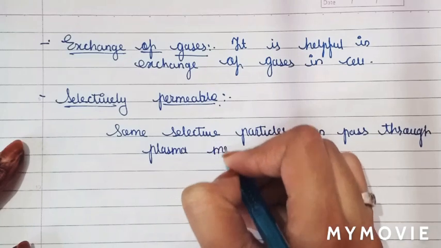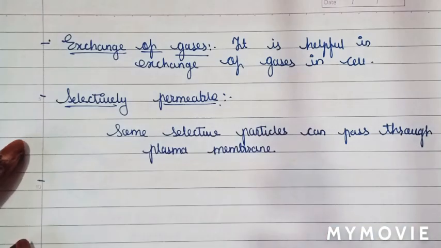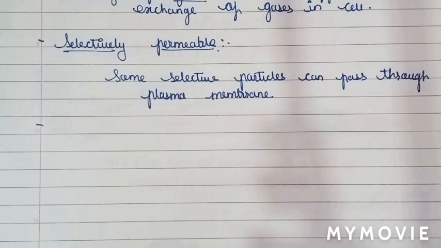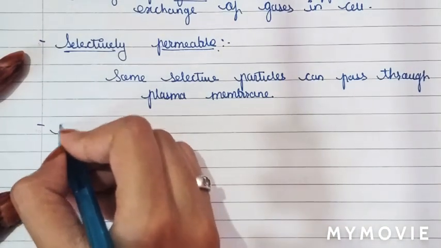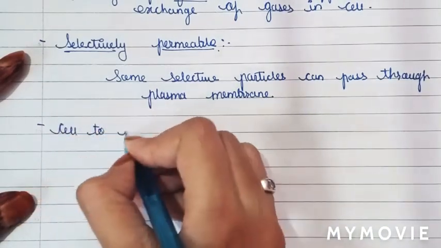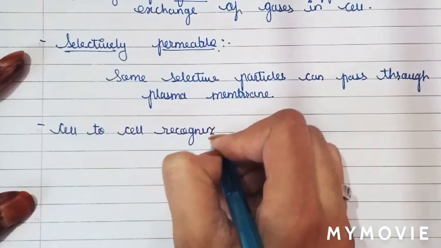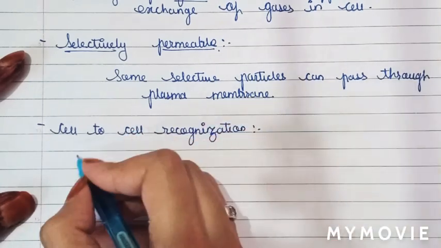And the last function of the plasma membrane is cell to cell recognition. Means a heart cell is just going to transfer to the heart, and liver cells can transfer to the liver. It doesn't happen that heart cells transfer to liver cells. Cell to cell recognition means what?